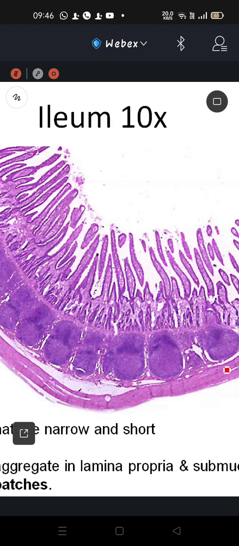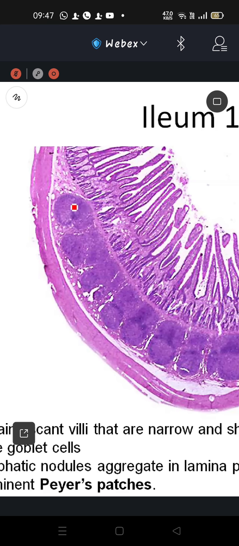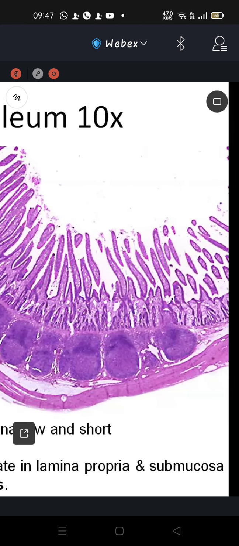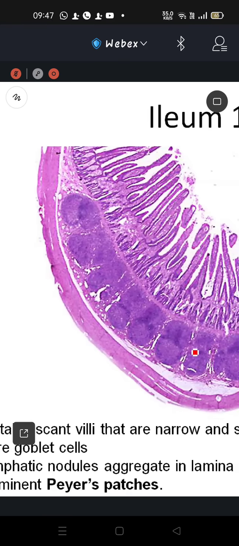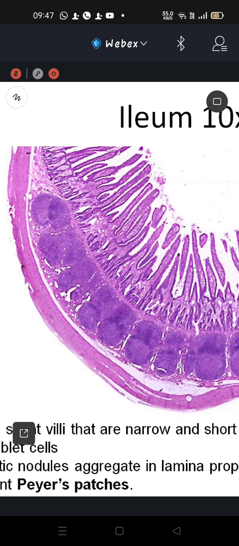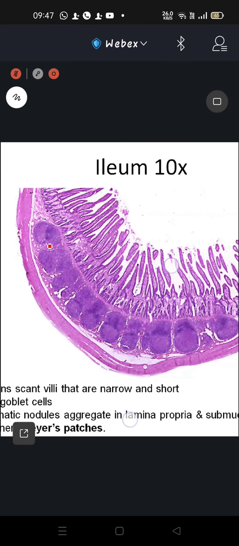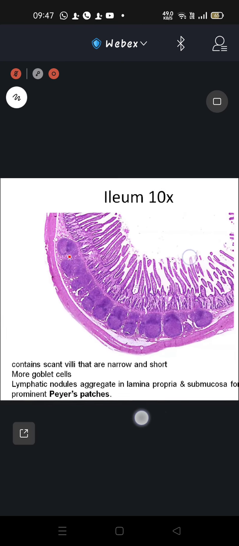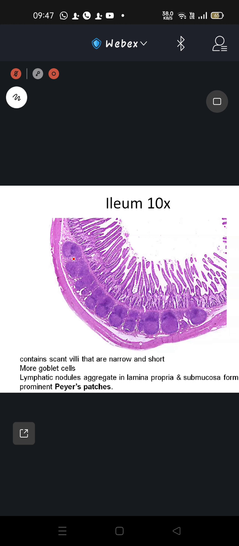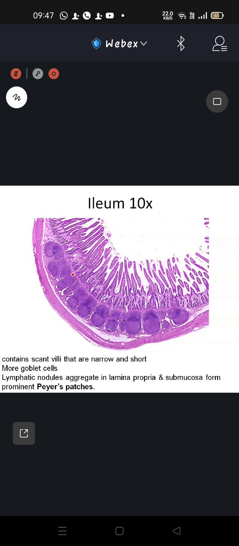And what we see here is that in the submucosa there is a linear aggregation of lymphoid nodules, and these lymphoid nodules, linearly arranged, form the characteristic Peyer's patches. The lymphatic nodule aggregation in the submucosa even invaginates into the lamina propria.